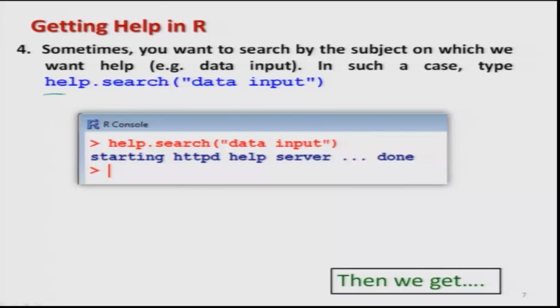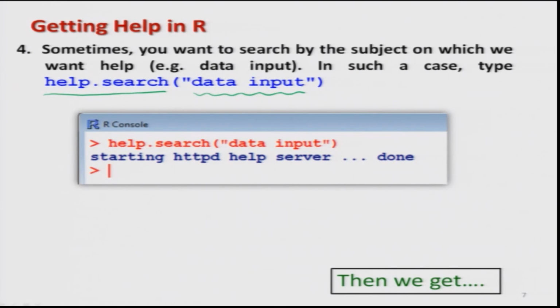Next approach is that I can use the function help.search. The format of this command is the following: I type help.search, and suppose I want to know about how to input the data.